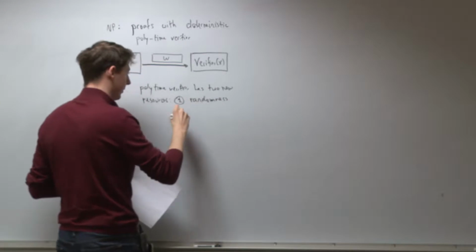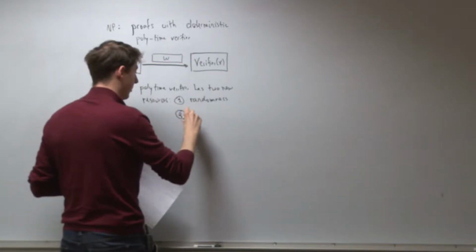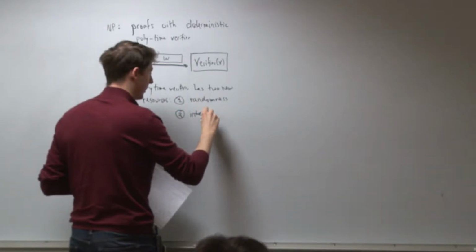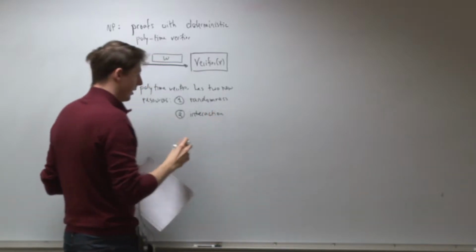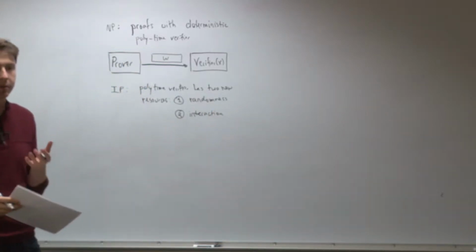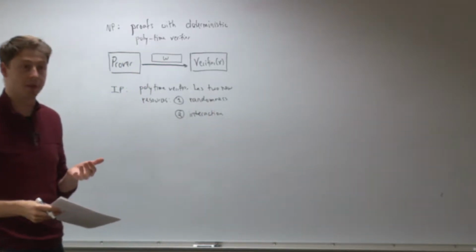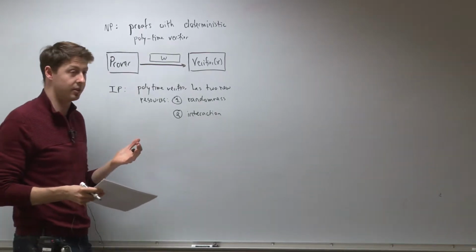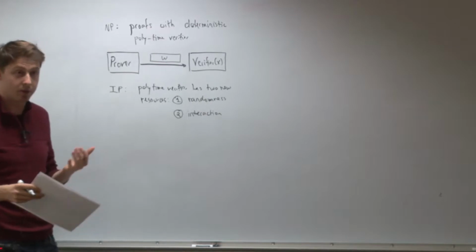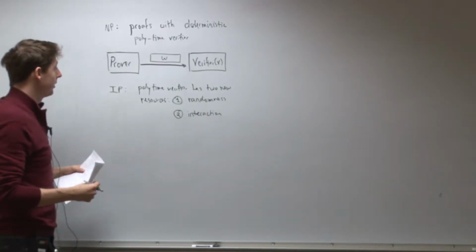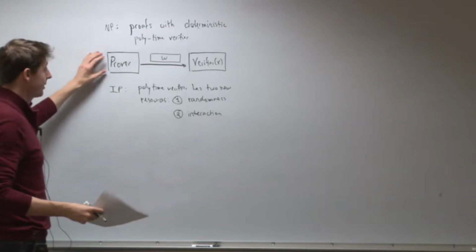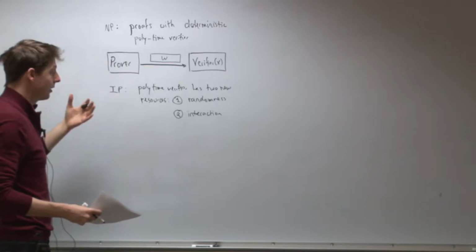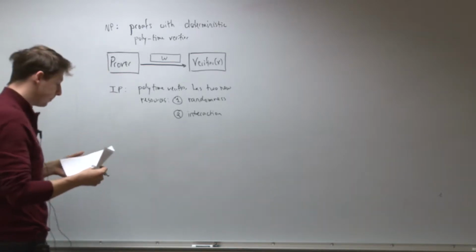And the other one? Interaction, right? So, by the way, why are we calling these resources? Because that's what they are. Resources are things where, when you have more of them, you can do more. We've seen for both of these that the more you have, the more you can do. And NP really is an extremal example where you have no randomness and no interaction whatsoever.